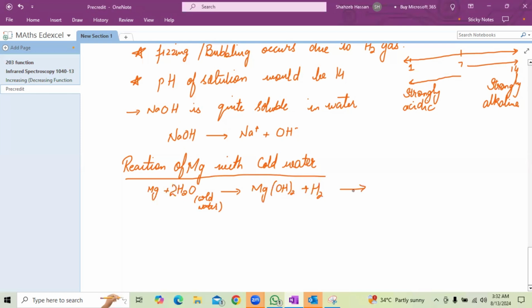First of all, let's balance it. The important thing that we have to memorize here is that this reaction is quite slow, as magnesium is reacting with cold water.